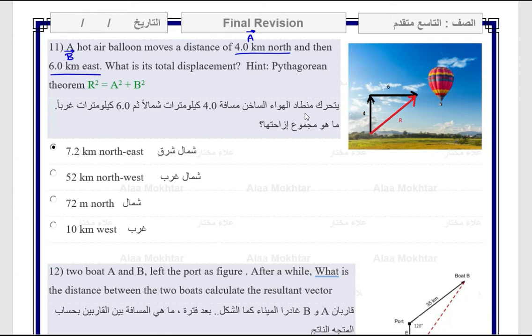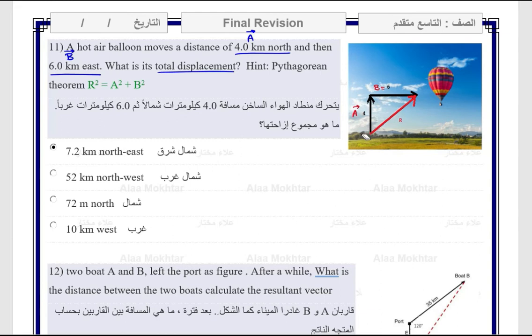What is the total displacement? Look at this figure. As you see, A vector equals 4 kilometers. We draw it up, directed to north. Then vector B is 6 kilometers to the right, to the east side.